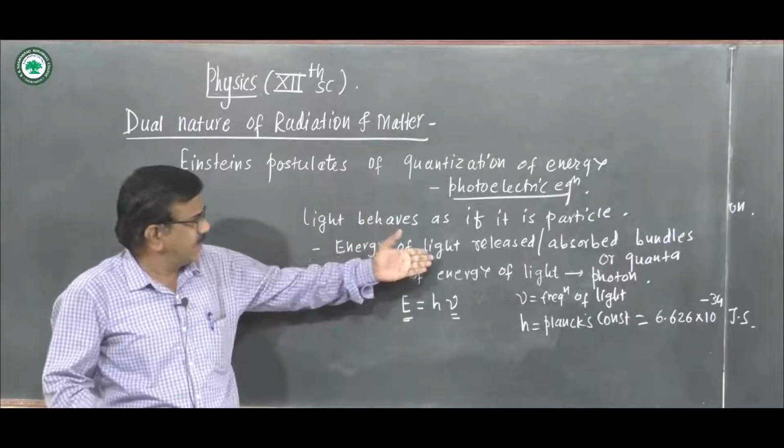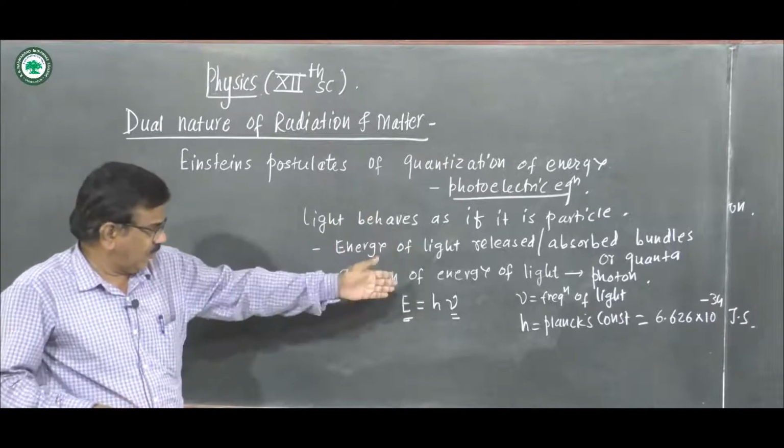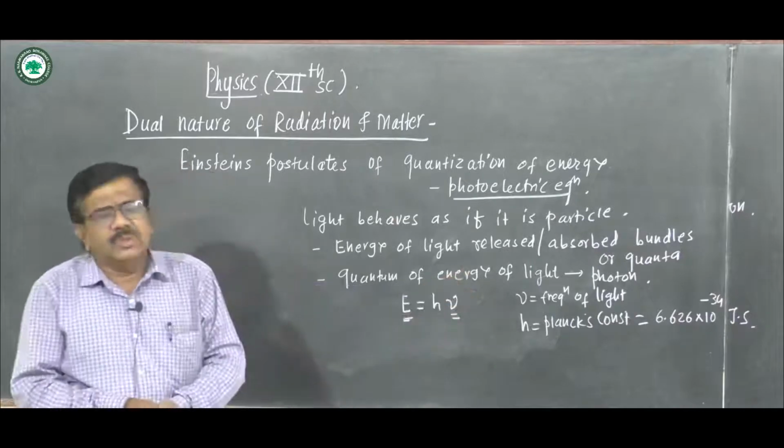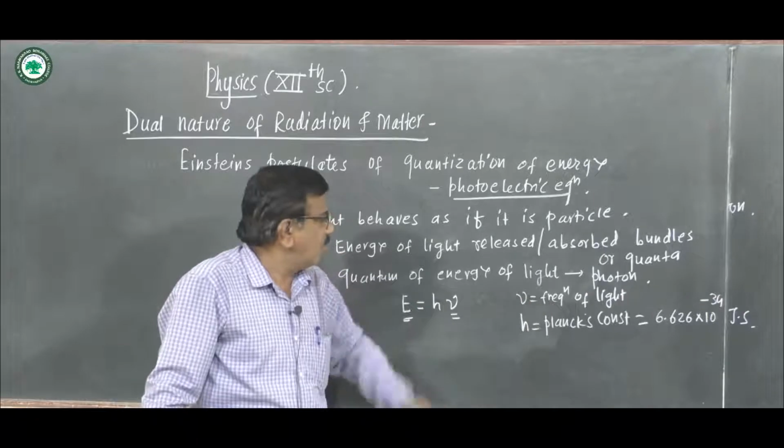Light energy is released or absorbed in bundles or quanta. The quantum of energy of light is called a photon. Energy of each photon is given by h nu, where h is Planck's constant and nu is the frequency of light.